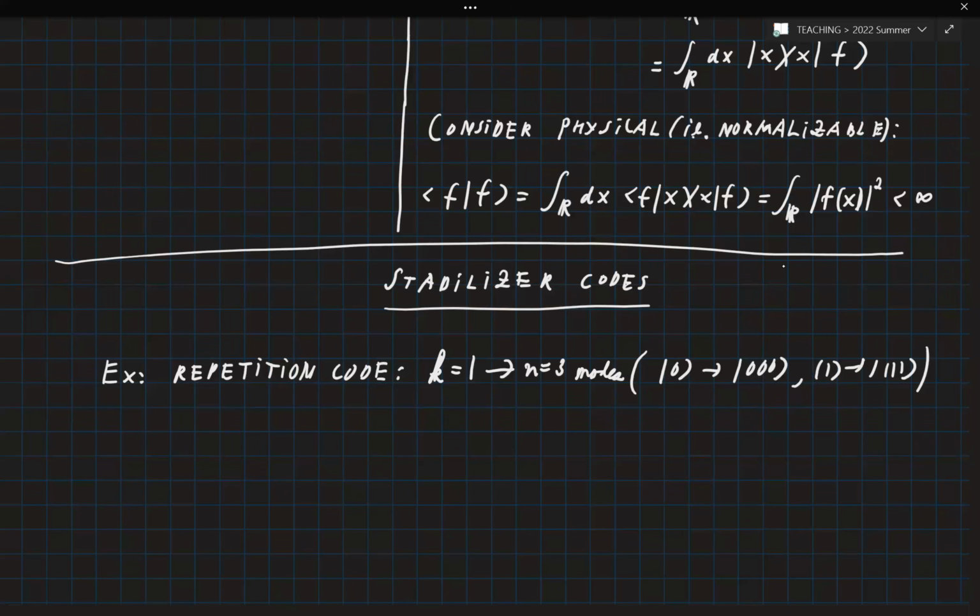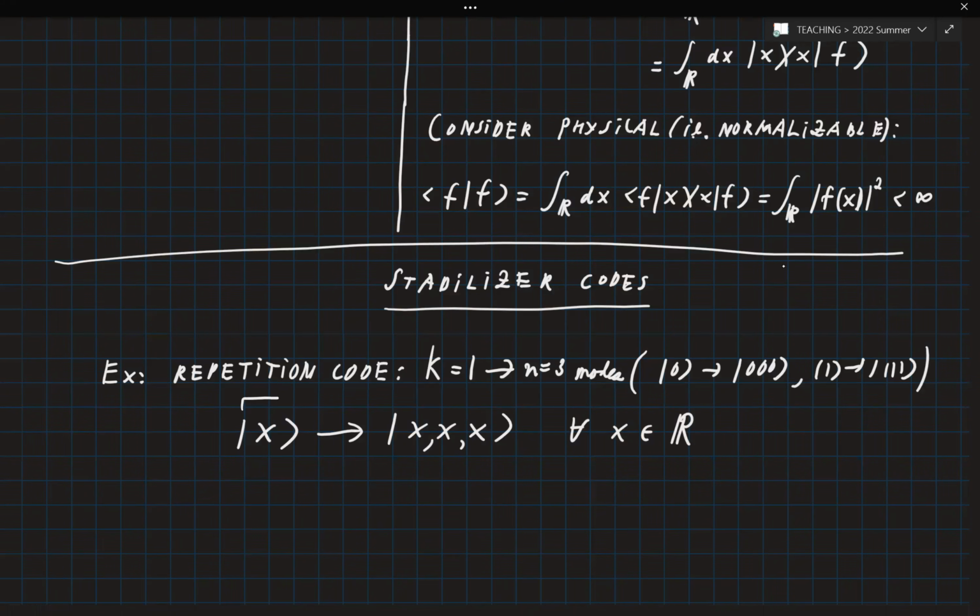So our logical space is itself infinite dimensional, and we're encoding it into 3 similarly sized infinite dimensional physical spaces. And the encoding just takes the position state of our logical mode and redundantly copies it over 3 times. So k is a discrete variable denoting the number of modes, so this thing is a basis for 1 mode.